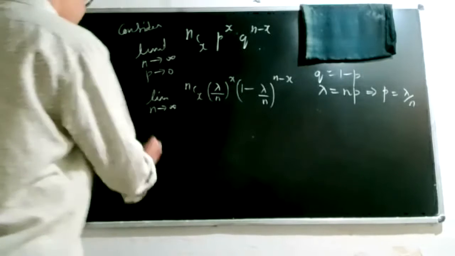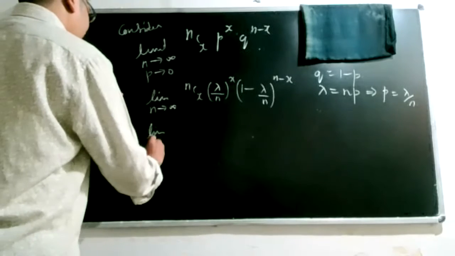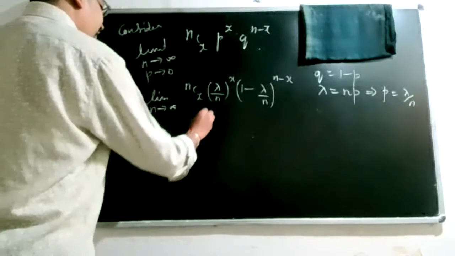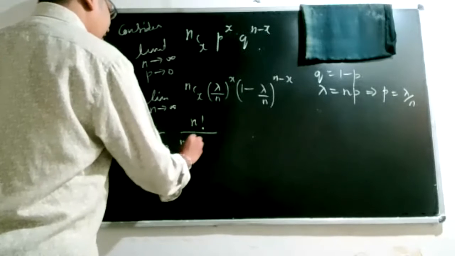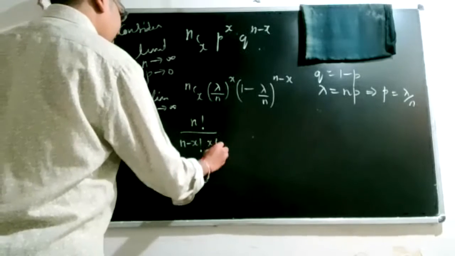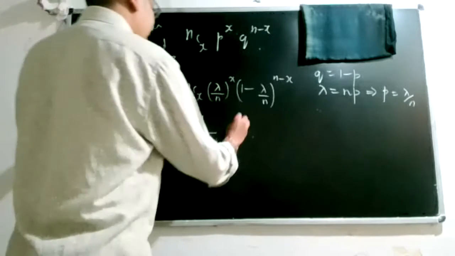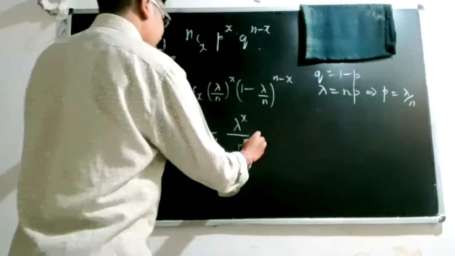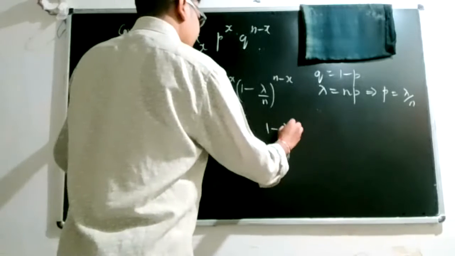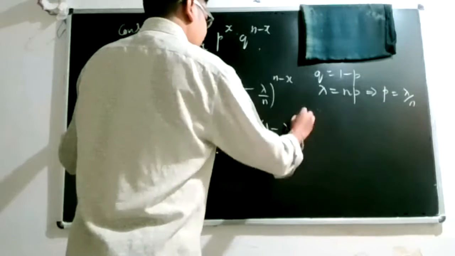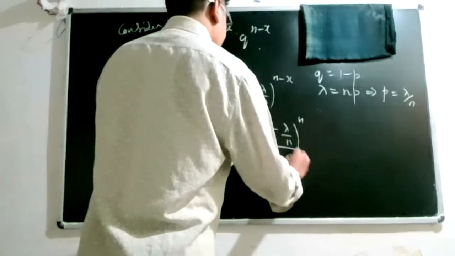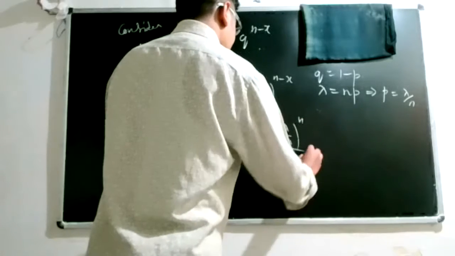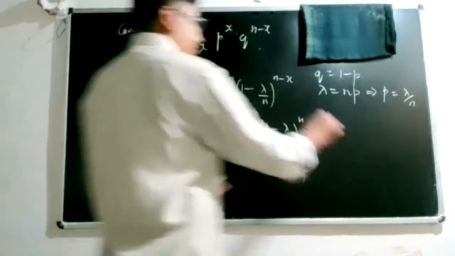So I expand nCx as n factorial over n minus x factorial, x factorial, then lambda power x by n power x, then 1 minus lambda by n to the power of n divided by 1 minus lambda by n to the power of x, because it is n minus x.